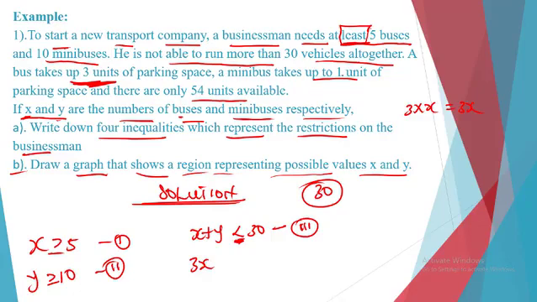A minibus takes 1 unit, and its value is Y, so 1 times Y gives Y. We have 3X plus Y. And they said there are only 54 units available. So it cannot exceed 54.